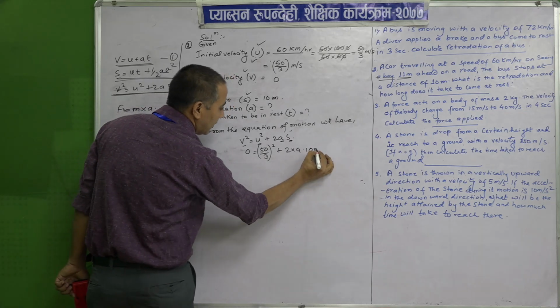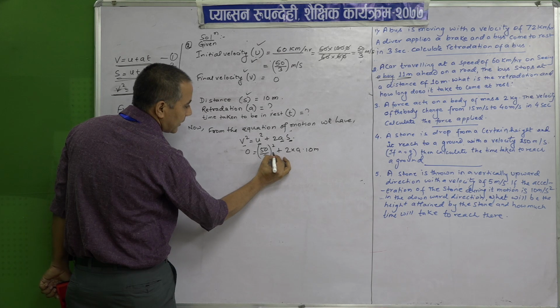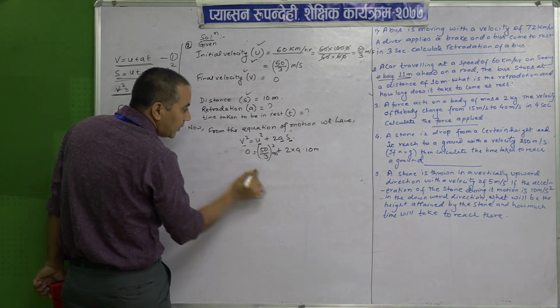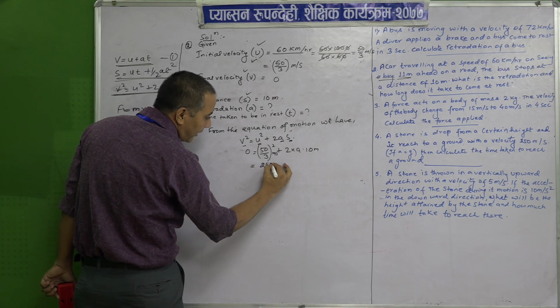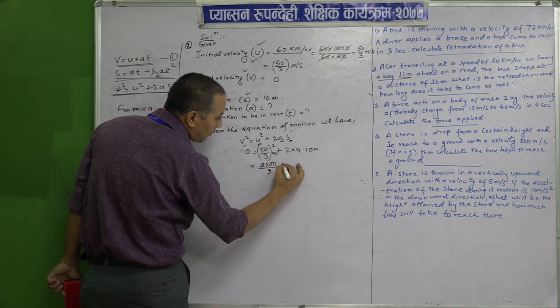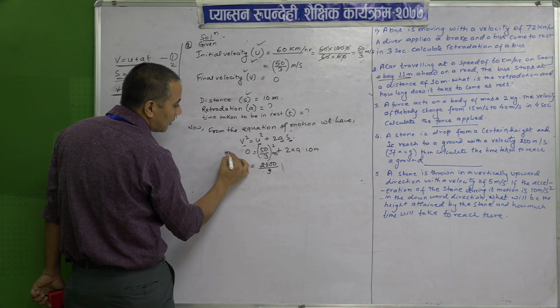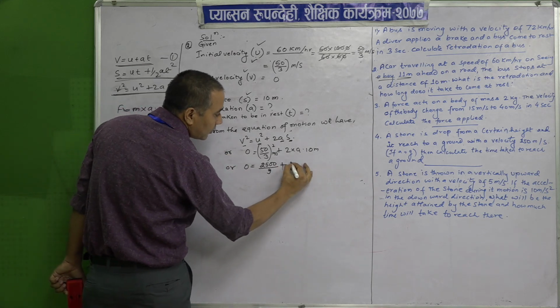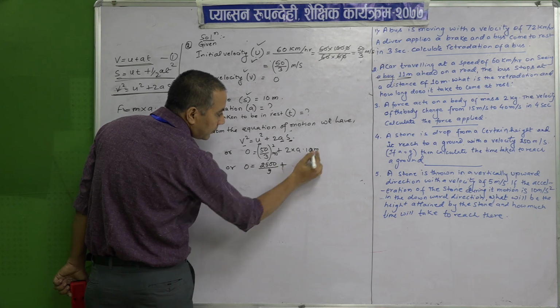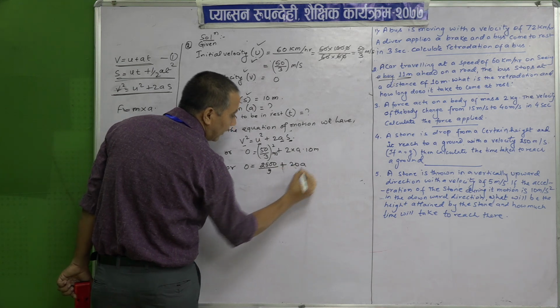So, 50 square is 2500 upon 9, 0 equals 2500 upon 9 plus 2 into 10 into a, that is 20a.